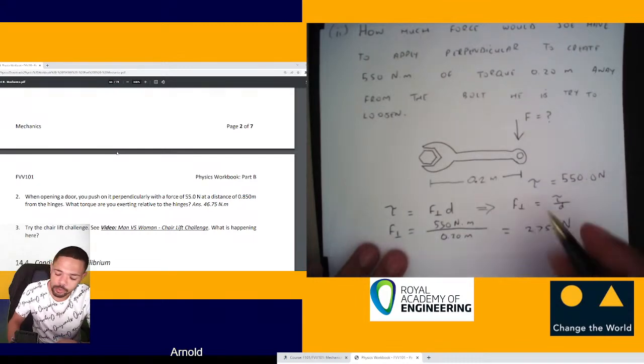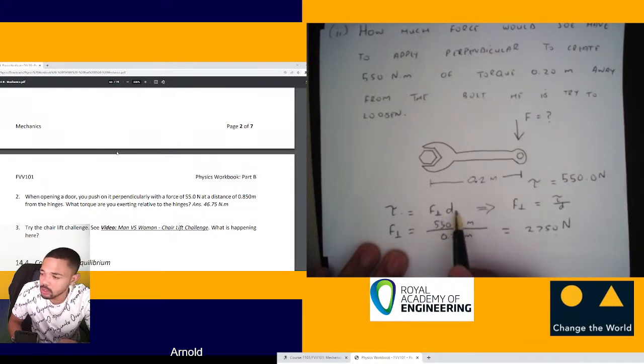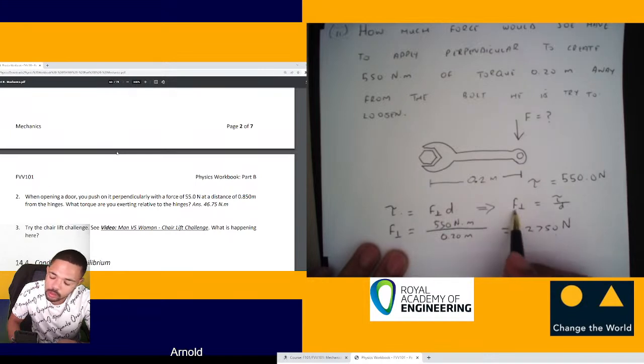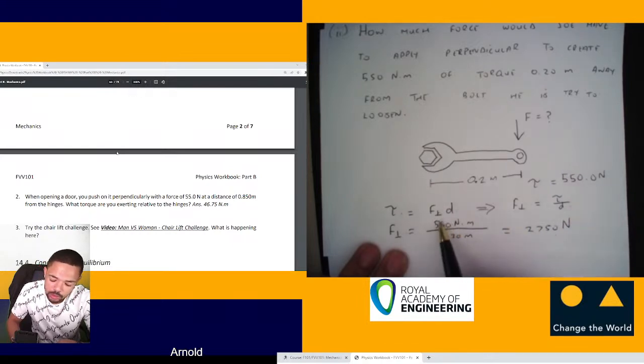Okay, so the torque is equal to the perpendicular component of the force multiplied by the distance at which that force acts. Now if we rearrange that, we find that the perpendicular component of the force is equal to the torque divided by the distance at which that force acts. Now if we substitute in the given torque and the given distance, we get 550 divided by 0.2 meters, which is equal to 2,750 newtons of force.